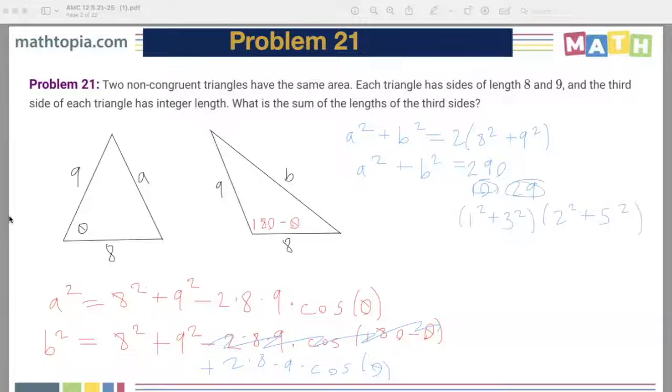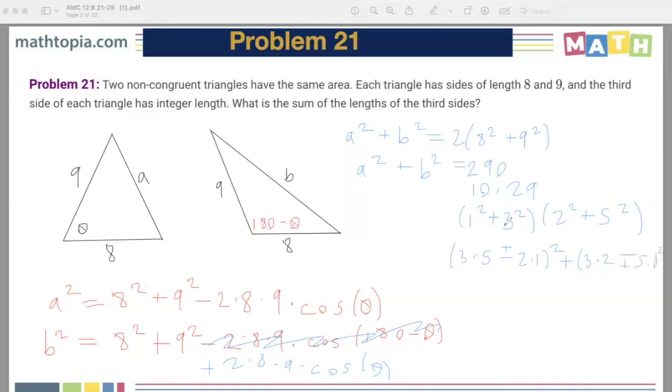And then there's this identity that states that the product of two sums of squares can be rewritten as the sum of two squares like this. So we can write it as 3 times 5 minus 2 times 1 squared, or rather plus or minus this squared, plus 3 times 2 minus or plus 5 times 1 squared.